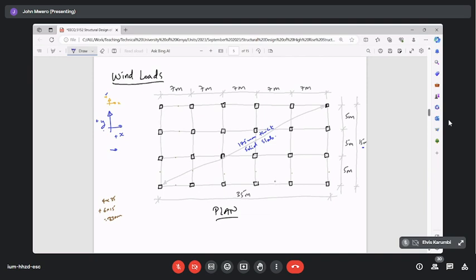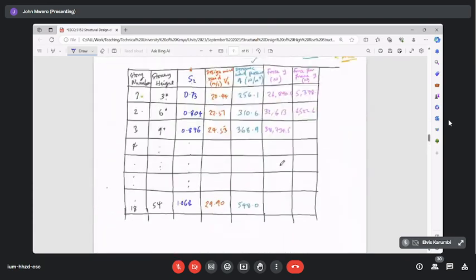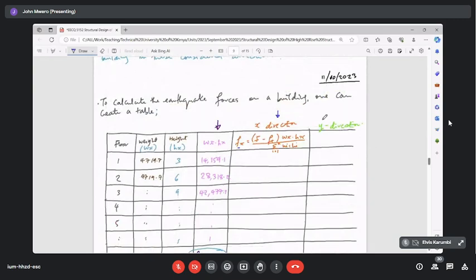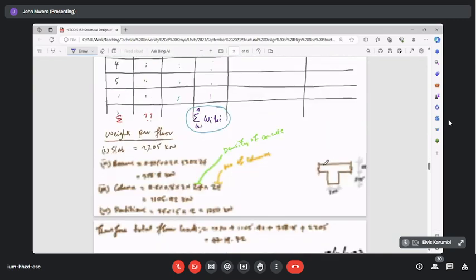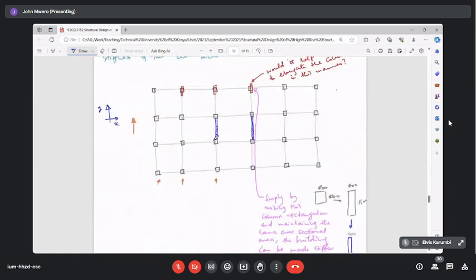Remember we've put a shear wall here and a shear wall here. So we take the total force in the y direction and divide it by the number of shear walls in that direction.